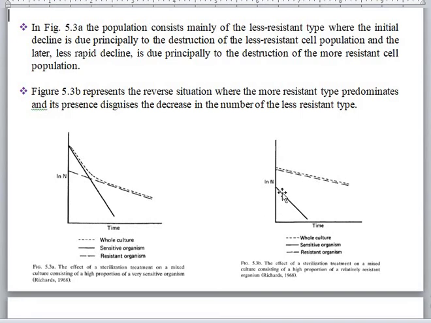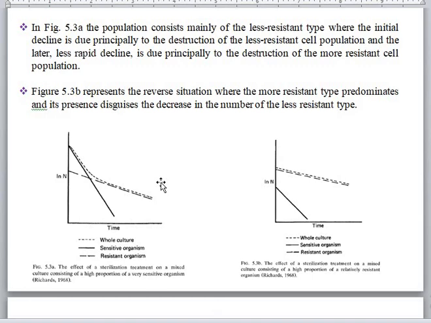You can see the sensitive organism dies within a short span of time, but how much time is this resistant organism taking? Only when this resistant culture is dead can you see the whole culture is sterilized. Otherwise the whole culture is not sterilized, and you cannot use it for fermentation when the spore is present. So it should also be eliminated by continuous sterilization methods.